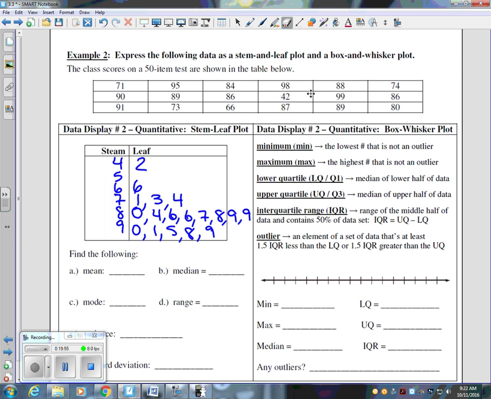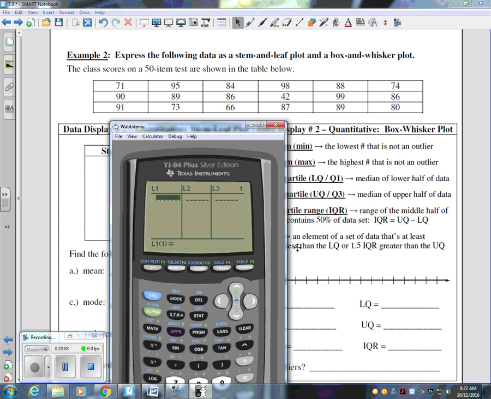Which one here? Okay, so type those in. It doesn't matter what order you do them in.